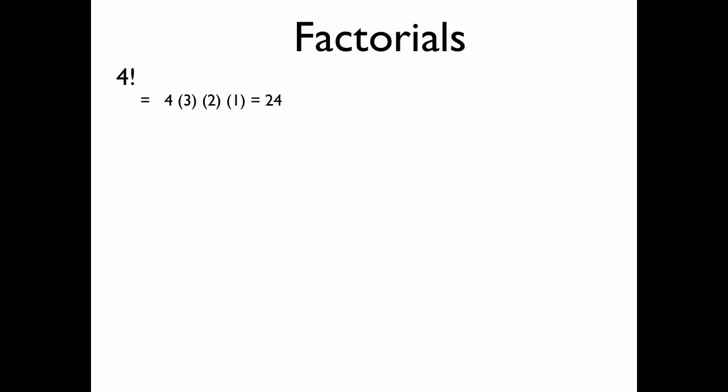So the 4 factorial is 4 times 3 times 2 times 1, and that's the number 24. By definition, if you ever have 0 factorial, that's defined as 1, not 0. That's another discussion for another time. Just remember that. 0 factorial and 1 factorial are both equal to 1.